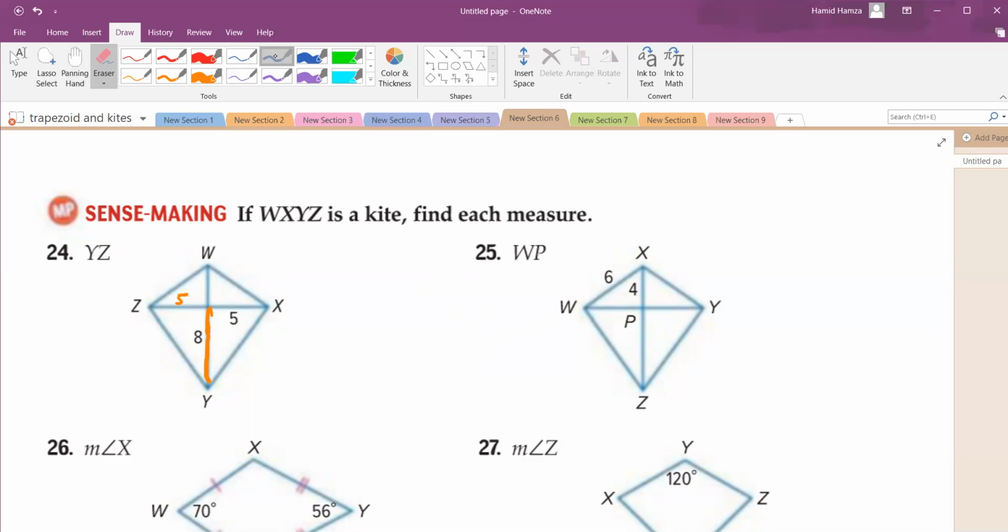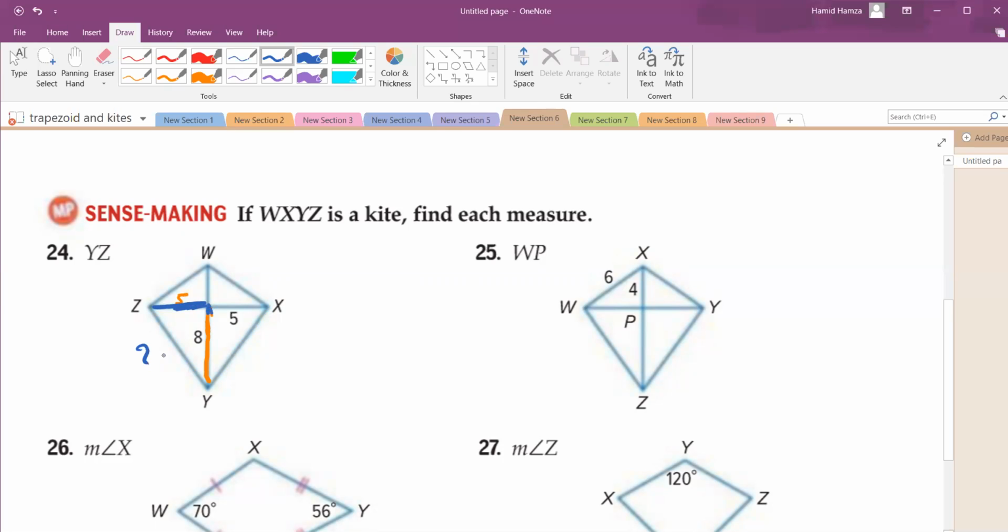You know that one of the diagonals bisects the other. The long diagonal bisects the short diagonal. That means this side and this side are the same, so this is 5, and this line will be 5, and this line will be 8.